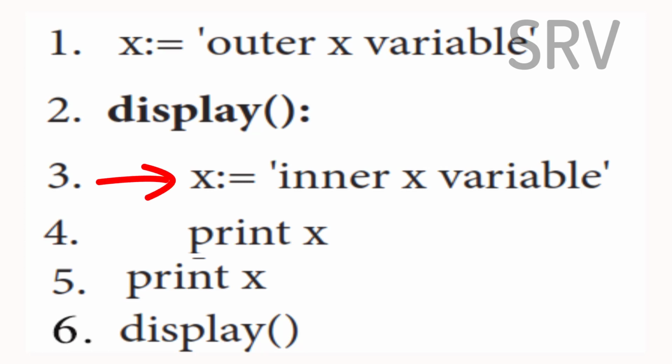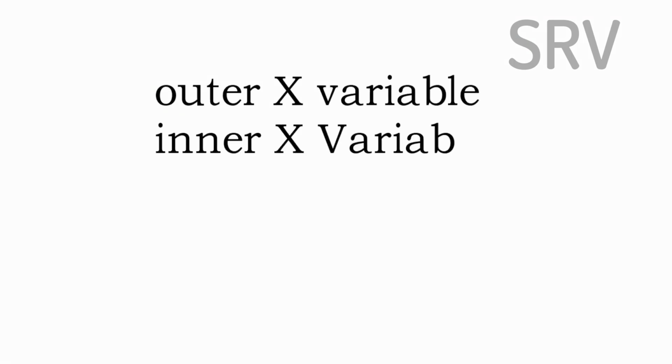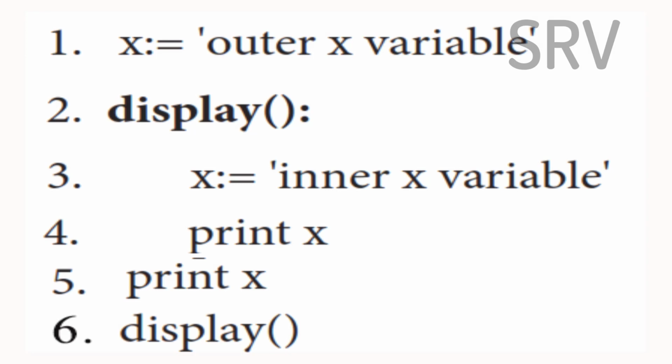Now the value for x is given as inner x variable. And the next statement we are printing the value of x. So in this statement, as x is a local scope which is defined inside the display function, that value gets executed. So here in print x, the value inner x variable gets executed. So this is how the pseudocode gets executed.